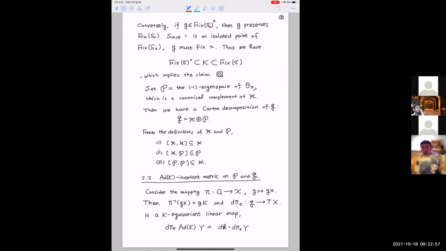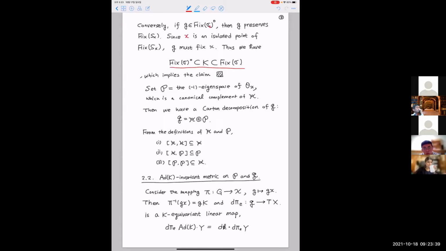Okay, here, X is an isolated point because the geodesic reflection fixes X and also S_X does not fix any point in some neighborhood of X. So X is an isolated point of the set of the fixed points of S_X. So G must fix X because G is in the connected component. Okay, so we conclude this inclusion.